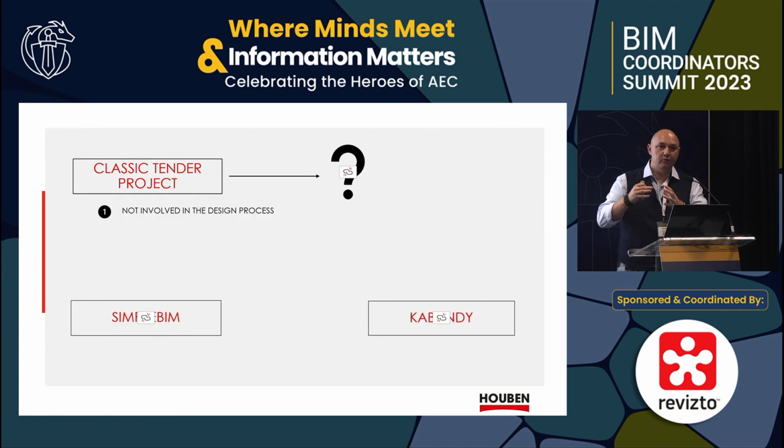Because we are a very small BIM team within Houben, we are only 6 people, we don't have the luxury to take all the received models and transform them from zero into new models. So we have to find a way to work with the received models and deliver them to our other departments.